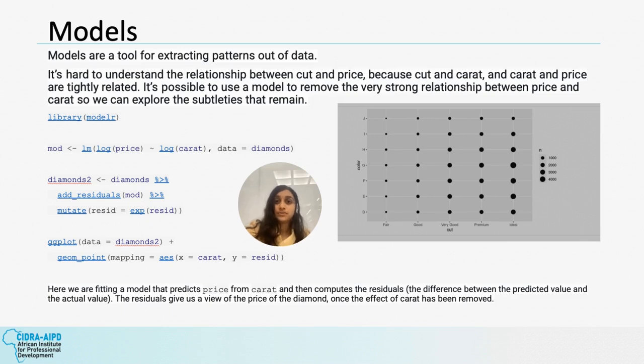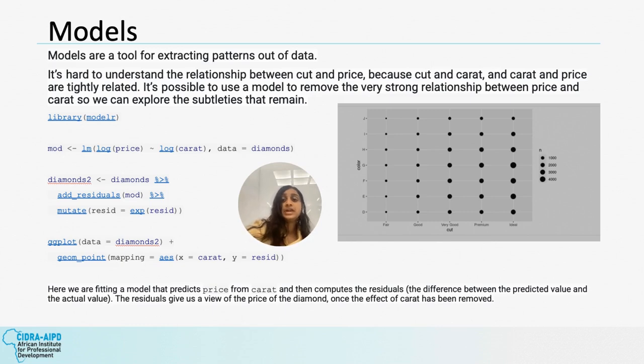Models are a tool for extracting patterns out of data. Our goal is to understand the relationship between cut and price without the confounding influence of carat. Since carat and price are so strongly related, they may overshadow the other patterns in the data, like how cut impacts price.